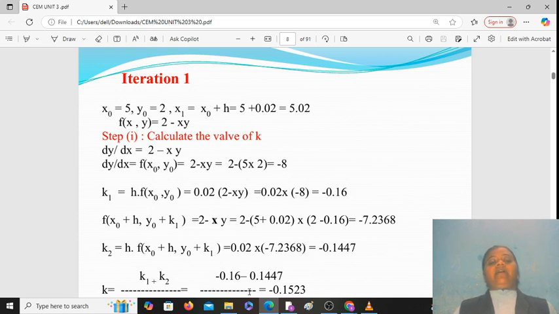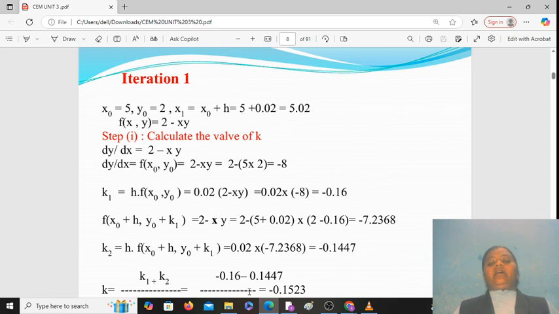k1 is equal to h into f(x0, y0), which is 0.02 into (2 minus xy), which is 0.02 into minus 8.